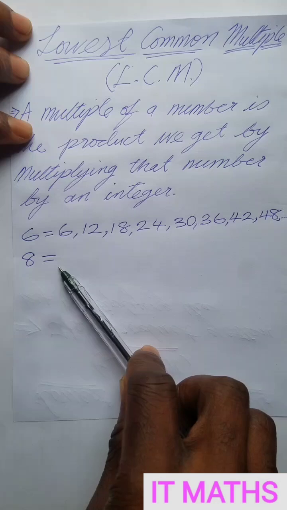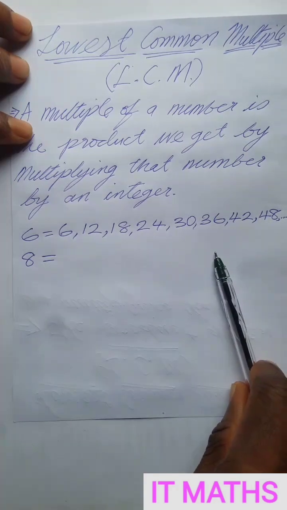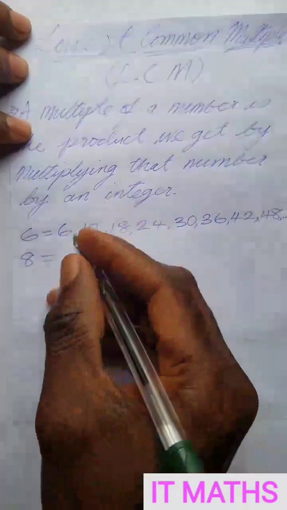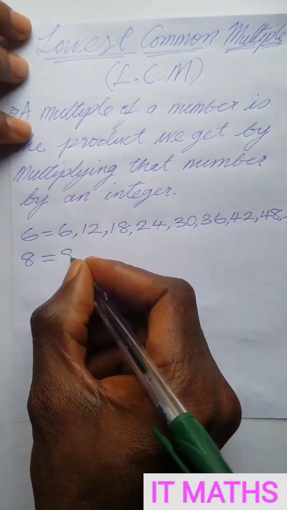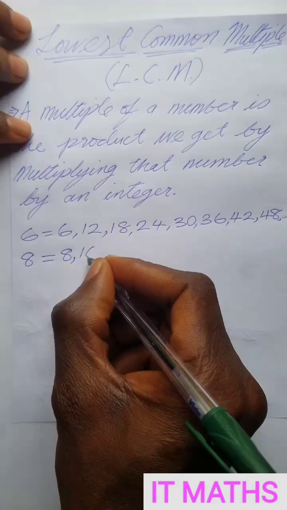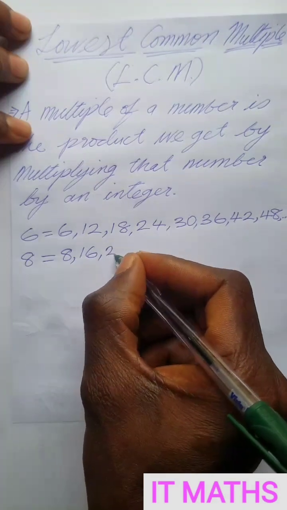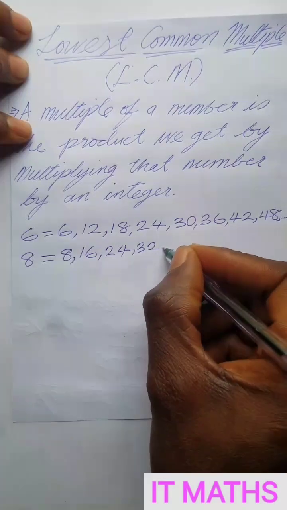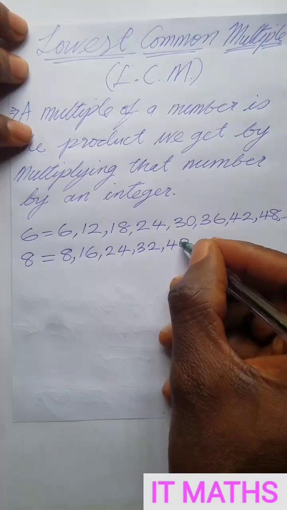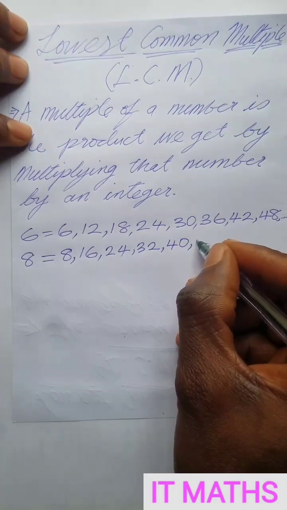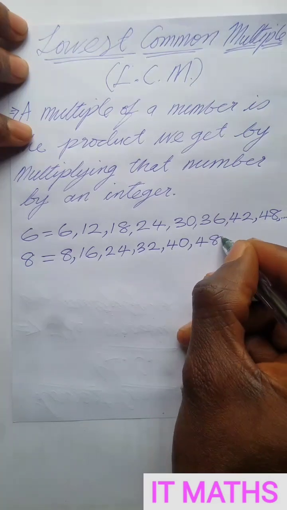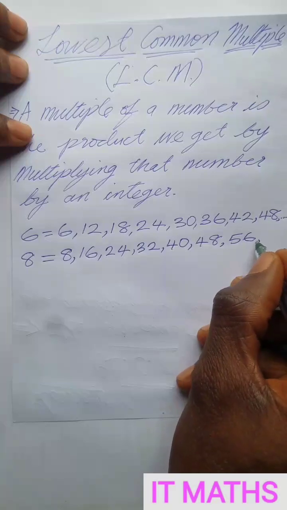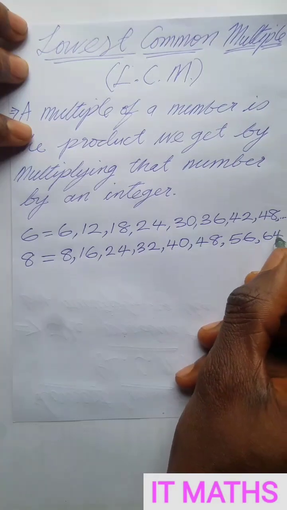I hope you understand. So let's build our 8 times table. That means we are getting the multiples of 8. So 8 times 1 is 8. 8 times 2, 16. 8 times 3, 24. 8 times 4, 32. 8 times 5, 40. 8 times 6, 48. 8 times 7, 56. 8 times 8, 64.